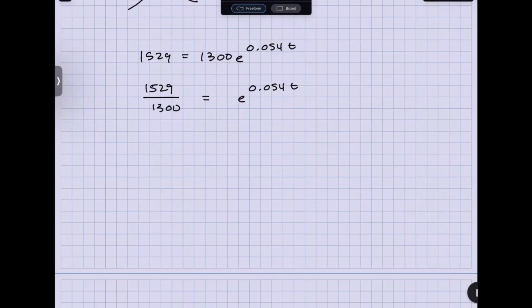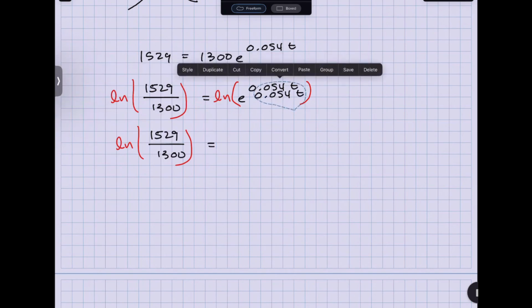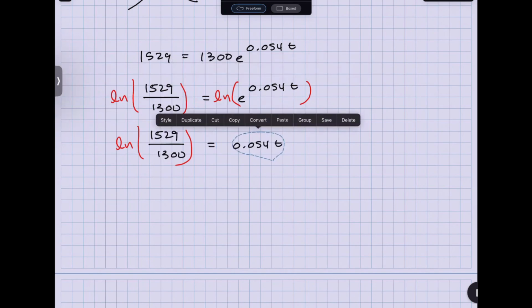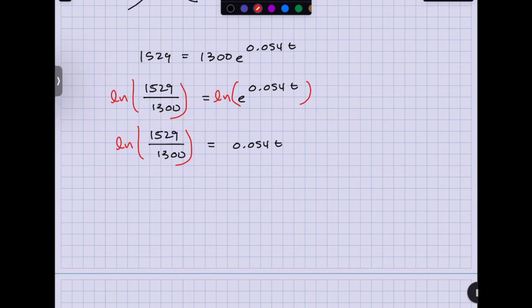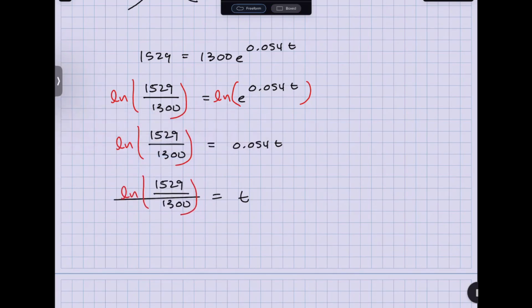What's the opposite operation of e? You can't guesstimate this part on your calculator.